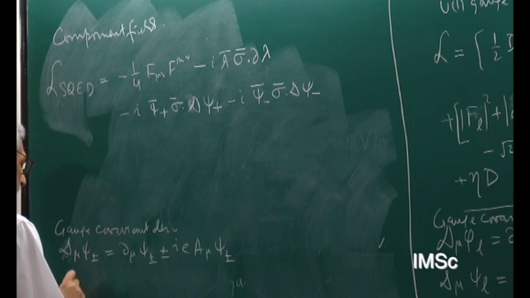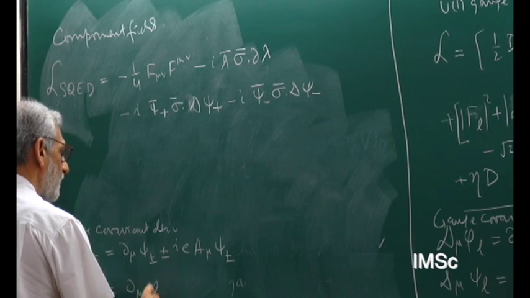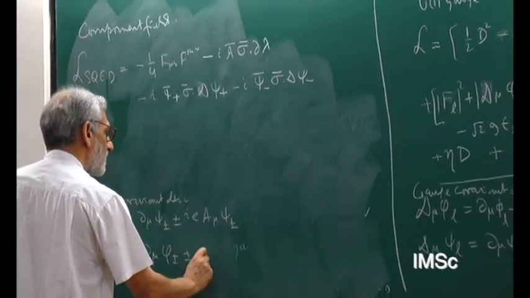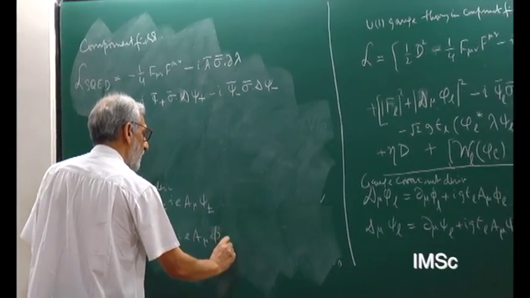And similarly the covariant derivative on charged scalar fields is d mu phi plus minus i e A mu phi plus minus.